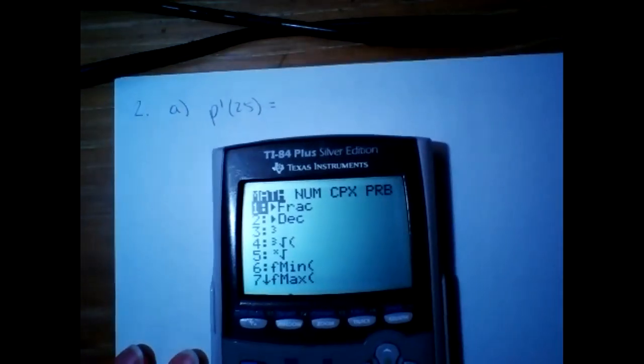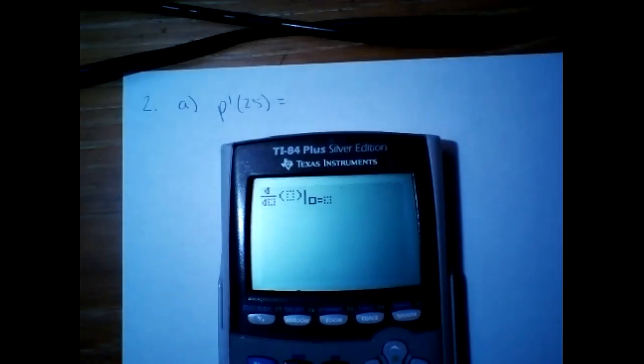So in your calculator, we're going to go to the math menu, and choice 8 is the derivative. So we're going to hit math 8, d dx, and then I'm going to put the function for P of H in there. And oh my gosh, it is horrible. I know it says H, but I'm going to type it.